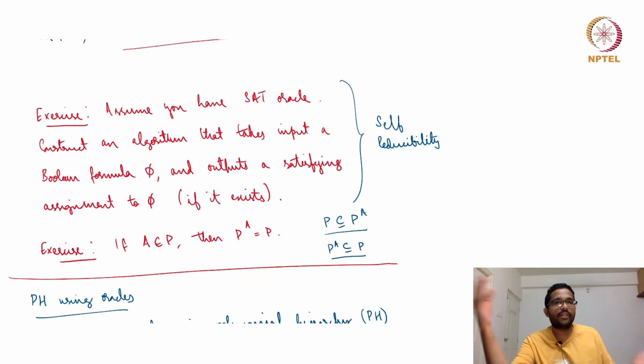So instead of asking the oracle, this machine itself can run the algorithm for A. So that is why P with access to an A oracle is contained in P. That's how that comes about. That will require a bit of explanation, but the other one is even easier.